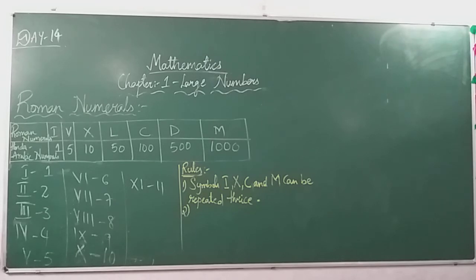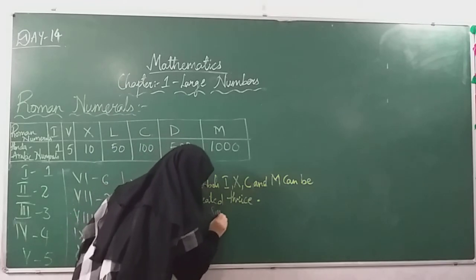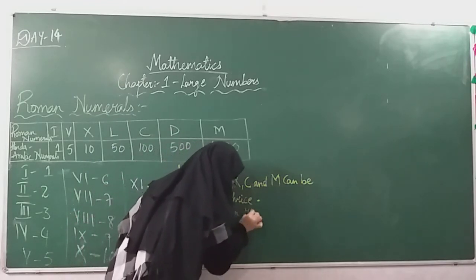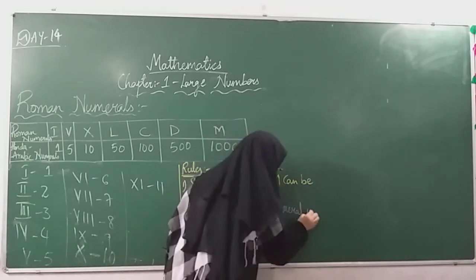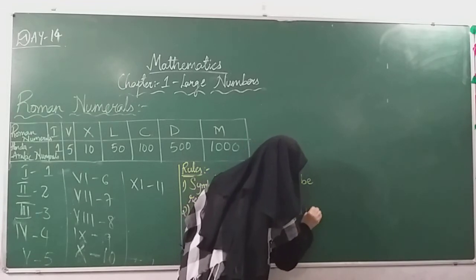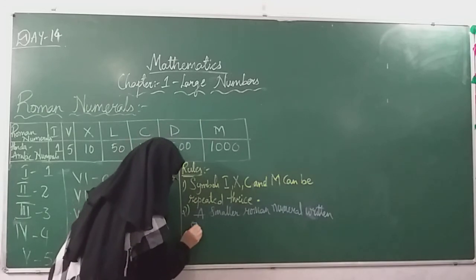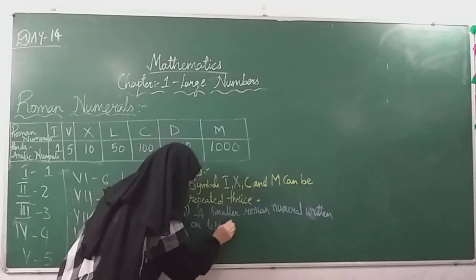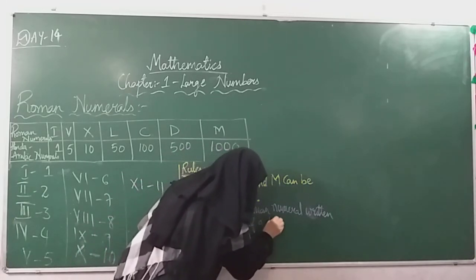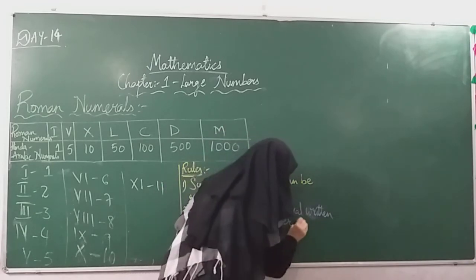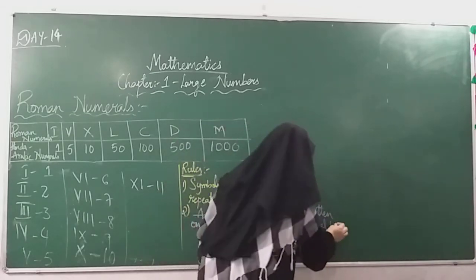Smaller Roman numeral written on left side of a bigger Roman numeral is always subtracted. A smaller Roman numeral written on left side of a bigger numeral is always subtracted.